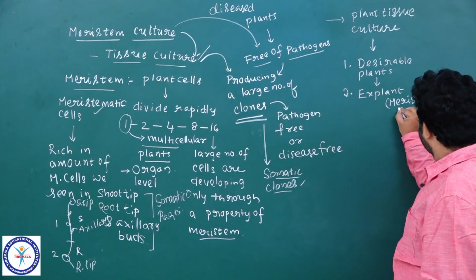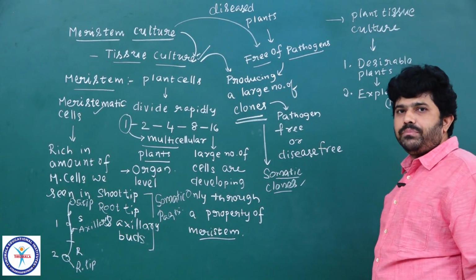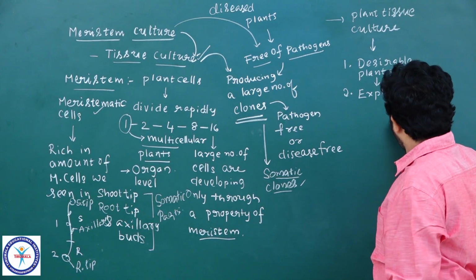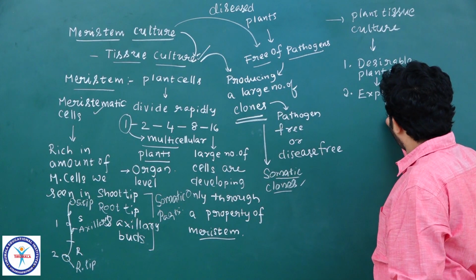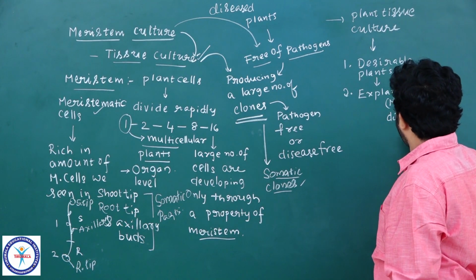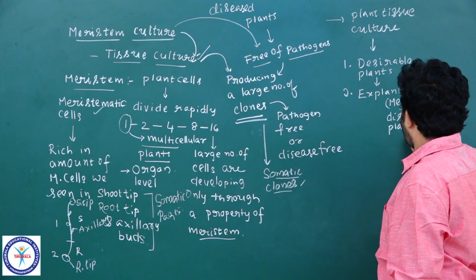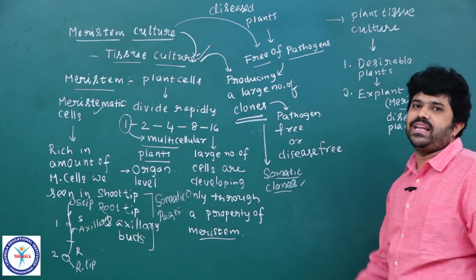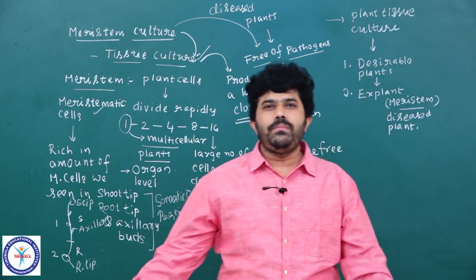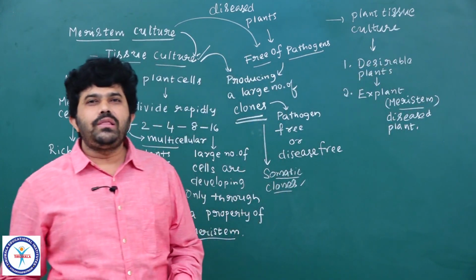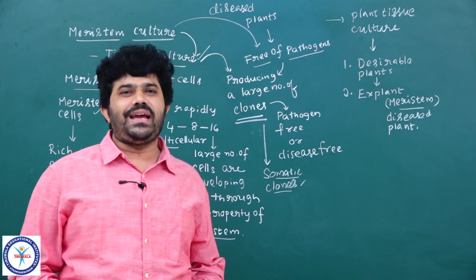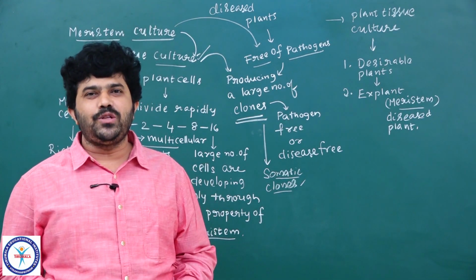This meristem we collect from a diseased plant. Why should we get meristem from a diseased plant? Because the diseased plant has a desirable character like high yielding. Not all diseased plants are collected unnecessarily; all diseased plants are not useful for us.